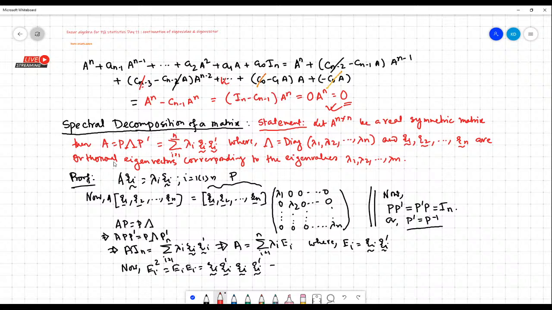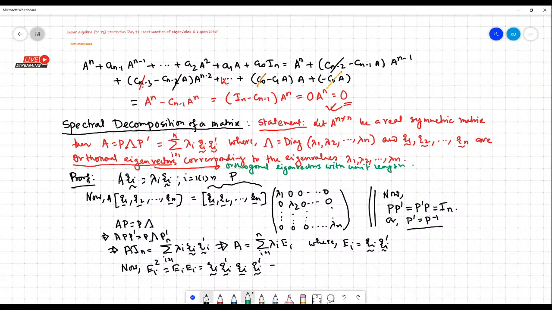Some authors say P is an orthonormal matrix because it is constructed from a collection of orthonormal vectors, or otherwise you can say these are the orthogonal eigenvectors with unit length.